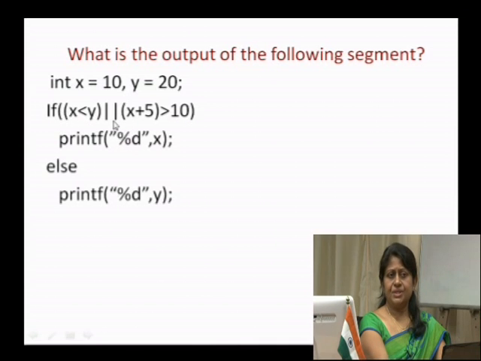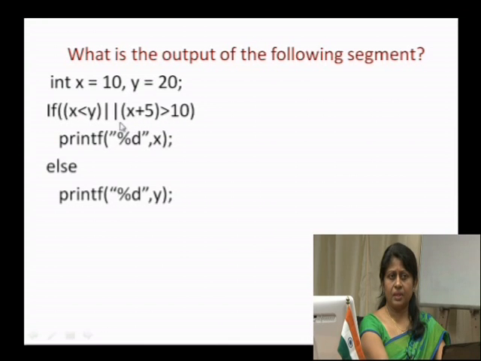Then we have the logical OR. We have another condition, that is x plus 5 greater than 10. The x value is 10 and we are adding 5 to it, so 15 is greater than 10. Here both conditions, x less than y or x plus 5 greater than 10, evaluate to true.